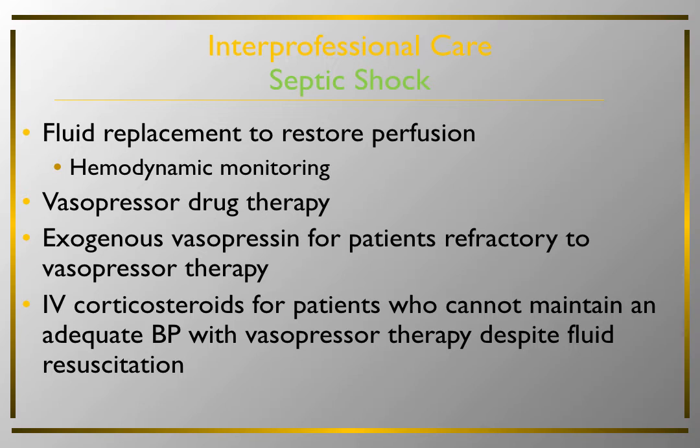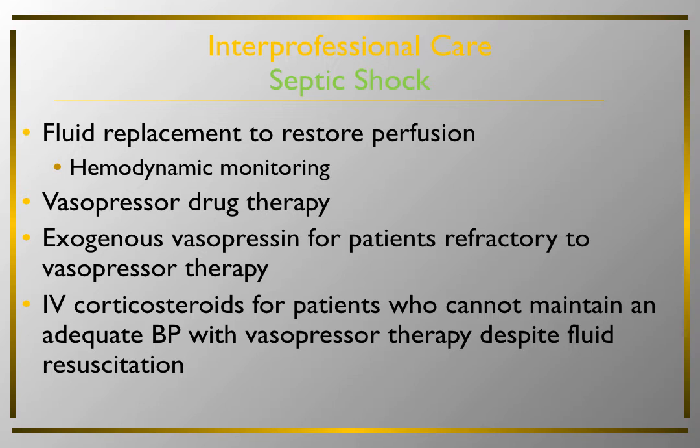A fluid challenge technique to achieve a minimum of 30 mL per kilogram of crystalloids is used and repeated until hemodynamic improvement, which means an increase in MAP and/or CVP, and changes in the SVV are noted. If the patient remains hypotensive after initial volume resuscitation with minimally 30 mL a kilogram, vasopressors may be added. The first drug of choice is norepinephrine.